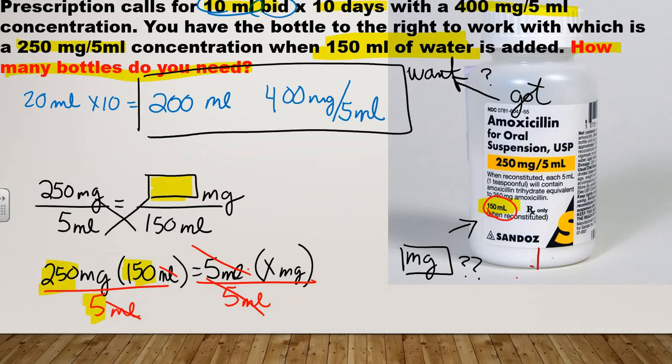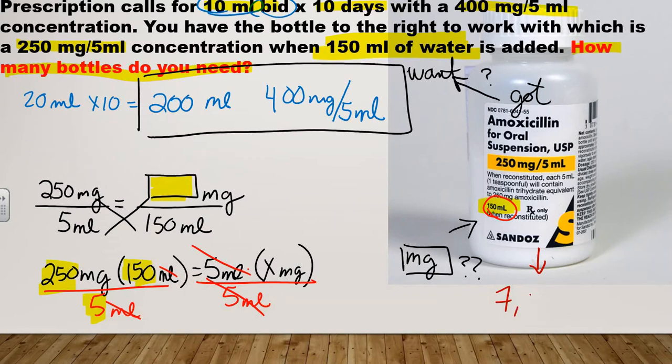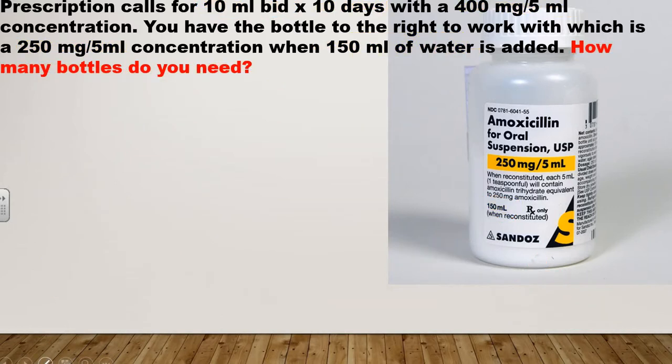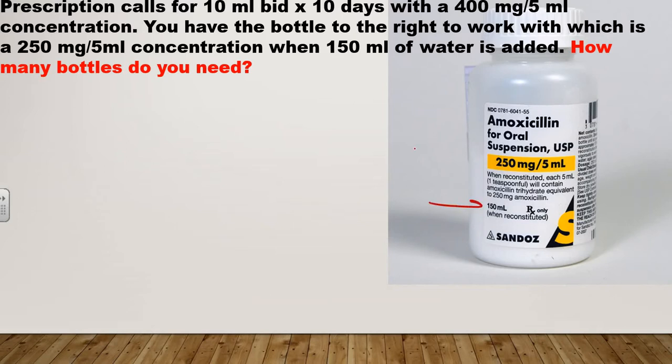So in this bottle, you have 7,500 milligrams of powdered medication. Okay? Now that we know that, inside this bottle is 7,500 milligrams of powdered medication.